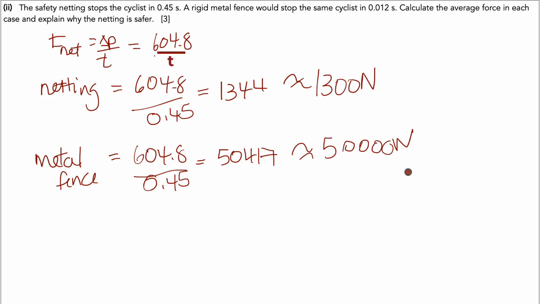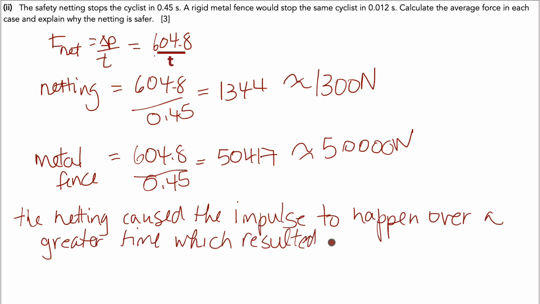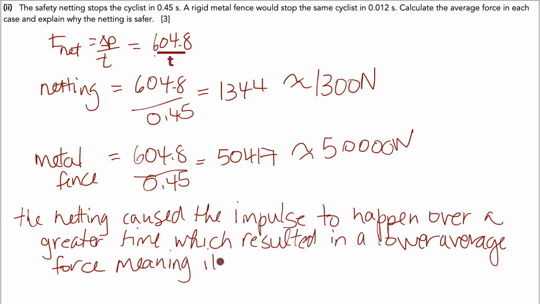Now you might say, oh, question's done. No, let's double check. I calculated the force in each case. I now need to explain why the netting is safer. So the netting is safer because the impulse takes longer, causing a safer, lower force on the cyclist. Lots of people want to miss out this last part, saying, this is why it's safer.